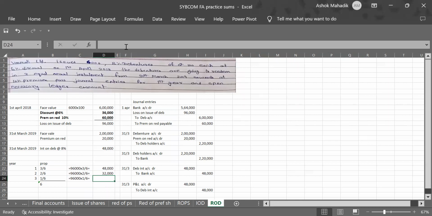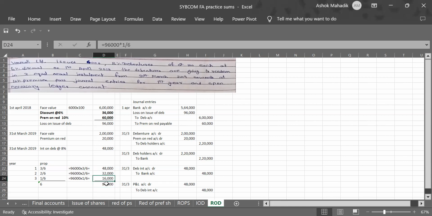Same way again, 96,000 is to be written off, and installment outstanding is 1 out of 6 weights rather. Clear? So if you add these three, you'll get the total amount, which is nothing but 96,000. Understood? So this we have to write off over the period of 3 years. I hope this is clear.